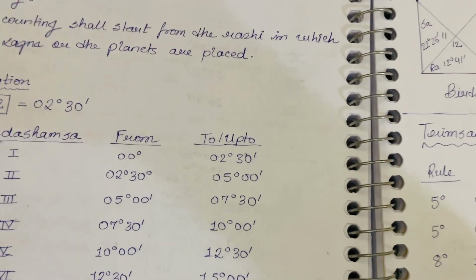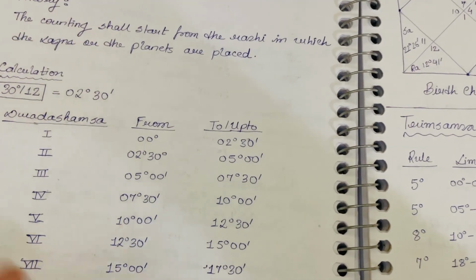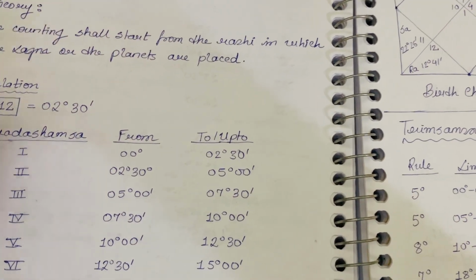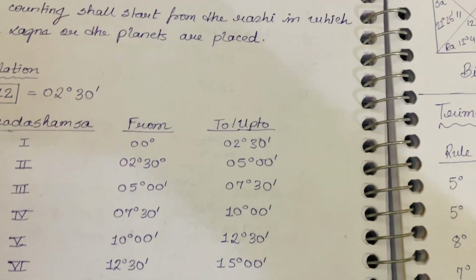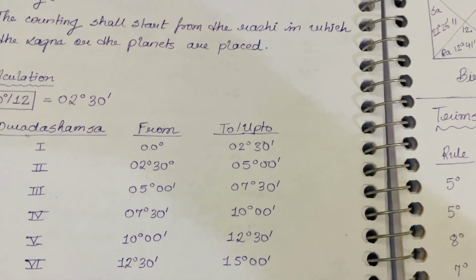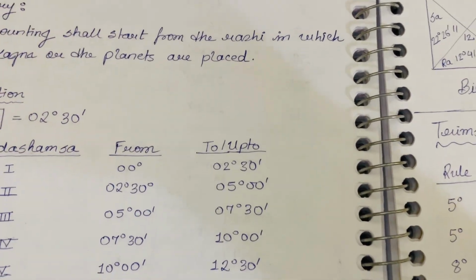The concept remains the same. It's just based on the table of the particular Varga chart. The theory is only one in Dwadashamsha: the counting, for the Lagna as well as for the planet, will happen from the same Rashi.